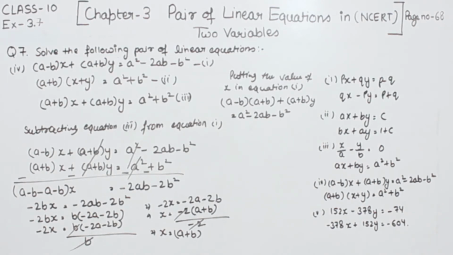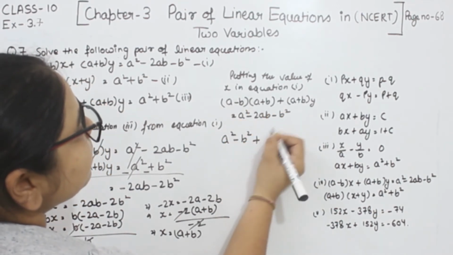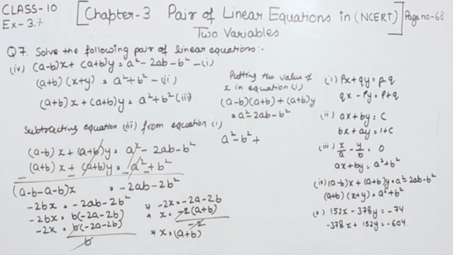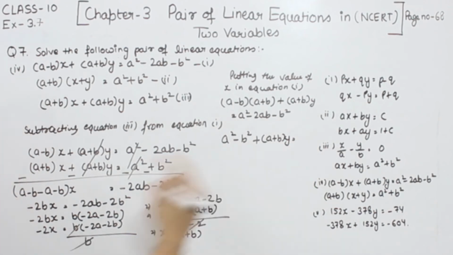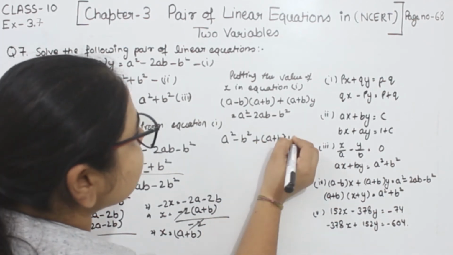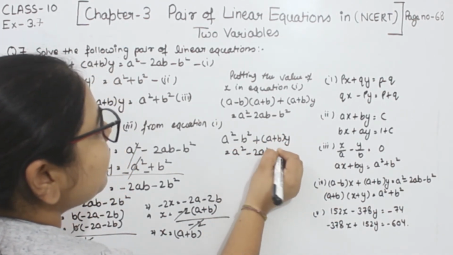So I am going to write here a square minus b square plus (a plus b) multiplied by y, and this is equal to a square minus 2ab minus b square.